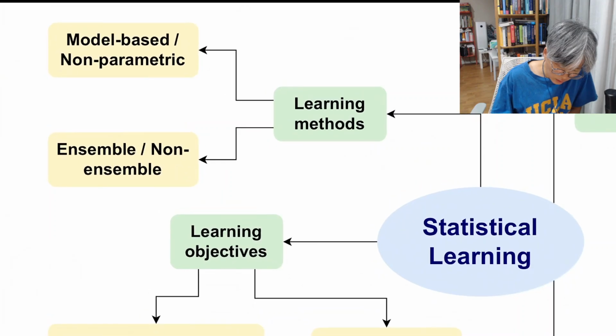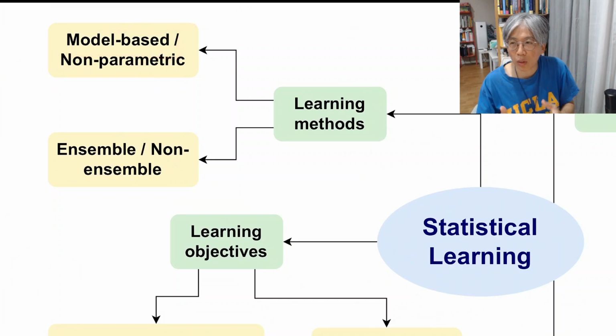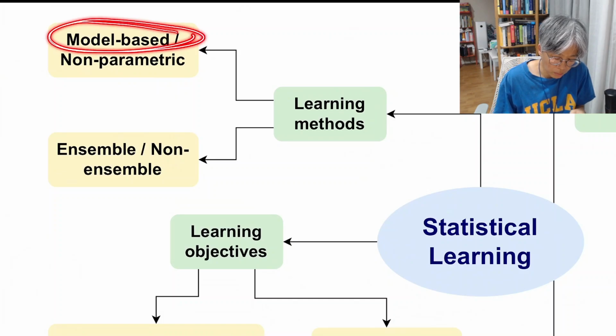In statistical learning, if you take a look at the learning methods, they can be split into model-based, or parametric, and non-parametric. Of course, the first one relies on the parametric approach, relies on the model structure that you would assume, and the problem relies on estimating the model parameter.